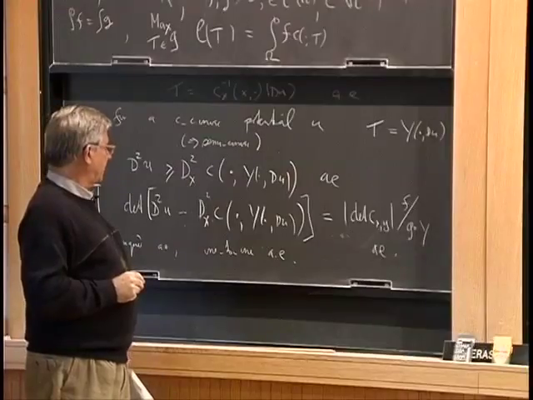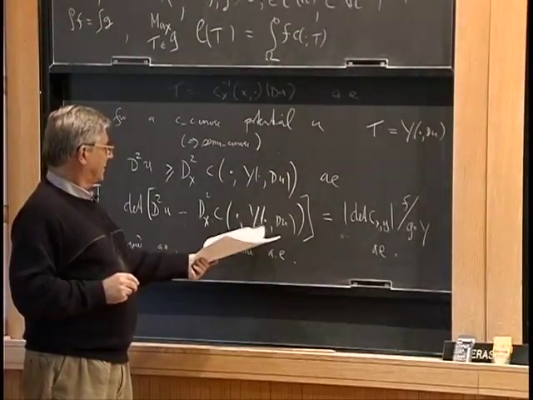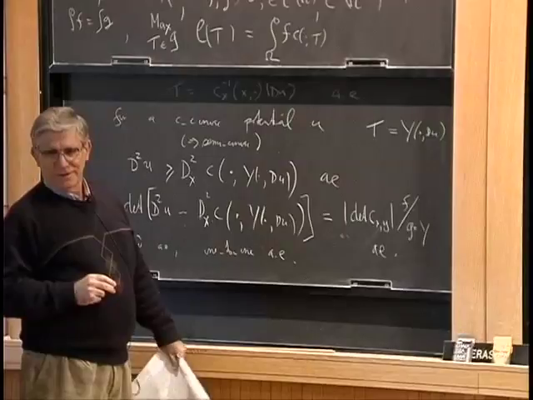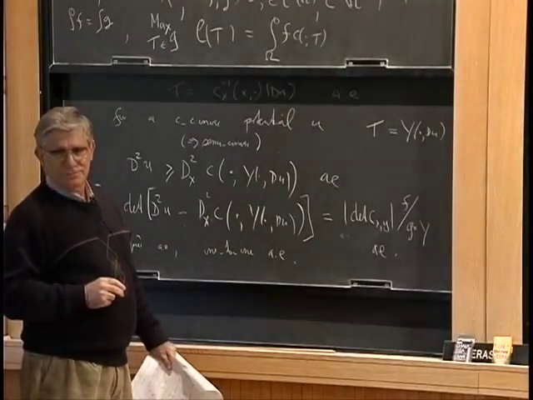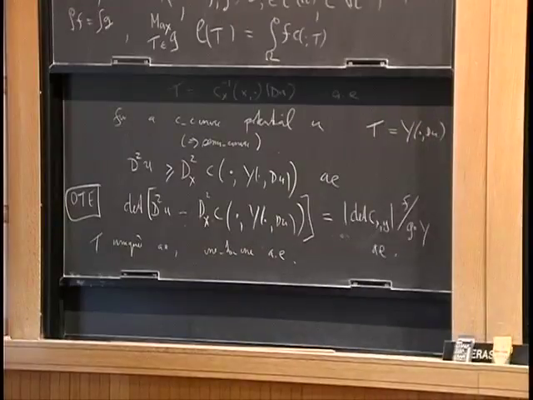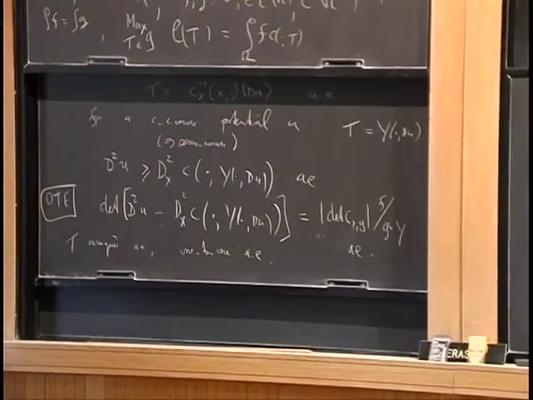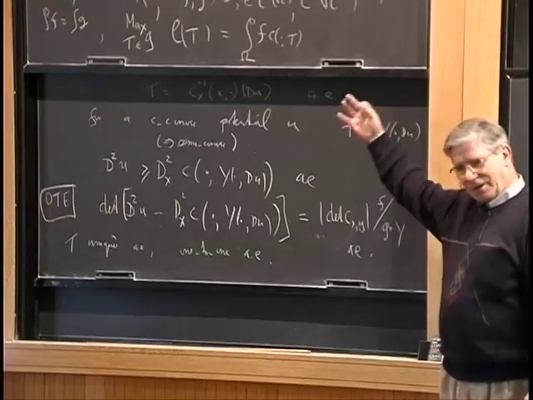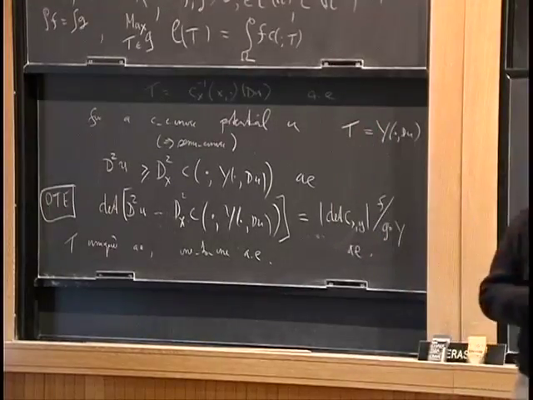To find the mapping, you've got to find the y, which is just solving that equation, inverting for the c sub x. I hope to come to some examples later on. In some of these examples you can find that mapping, other cases you can't. You just know it's given implicitly, but you can still check the conditions.